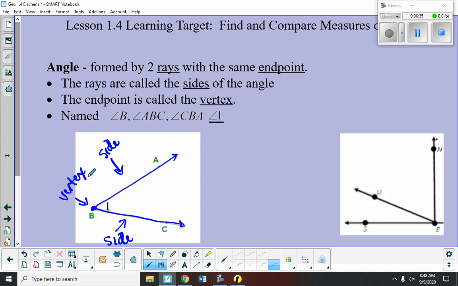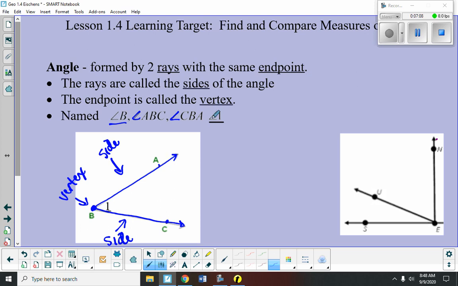Now, there are certain ways that we name an angle, and it depends on your situation. So in this problem, when we have just one angle, you could call this angle B. You can name it by the vertex if it's just a single angle. The other thing is you can name it by the three letters, angle ABC, and we use this little angle mark, or start with point C and call it angle CBA.